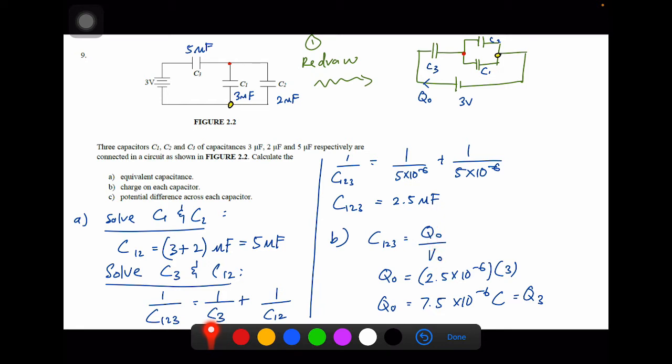You still use C equals Q over V, but remember, if I want to use Q0, the partner would be V0 and C effective. Since I have 1 to 3, I just write this one as 1 to 3, but this one is actually C effective. That one represents the charge coming out from the battery. So actually the direction of Q will be in this direction. So I redraw it here.